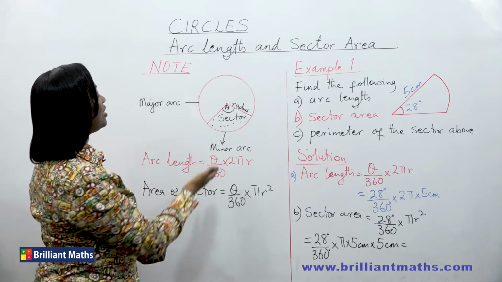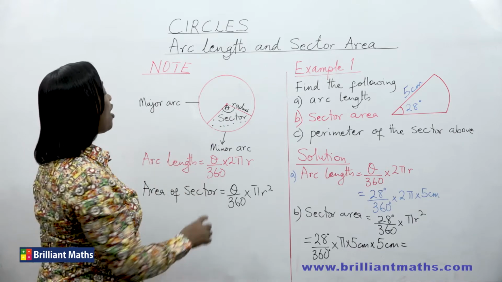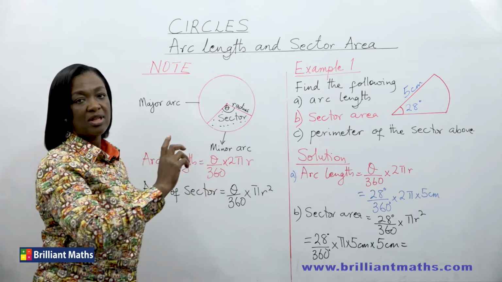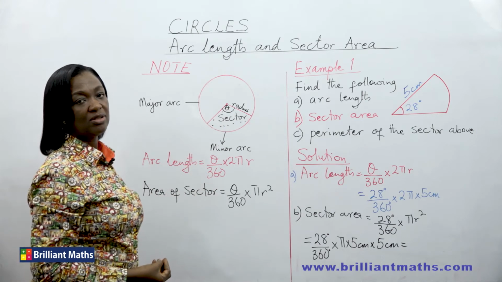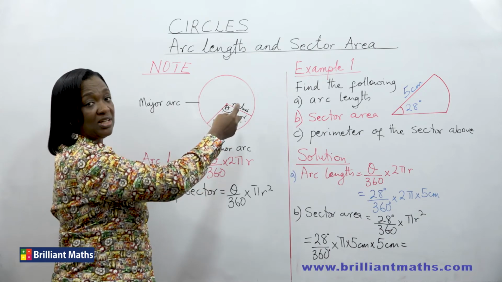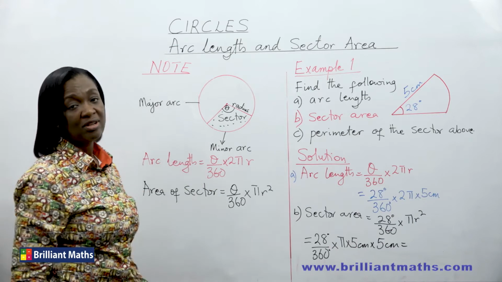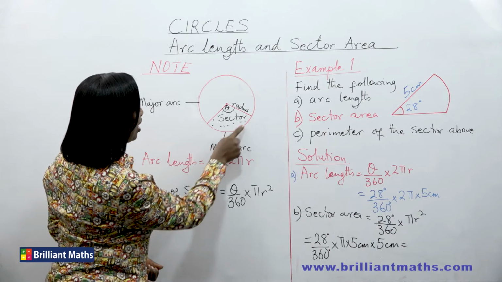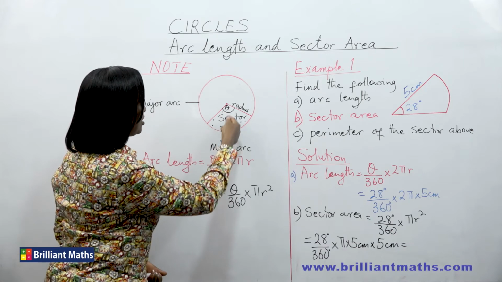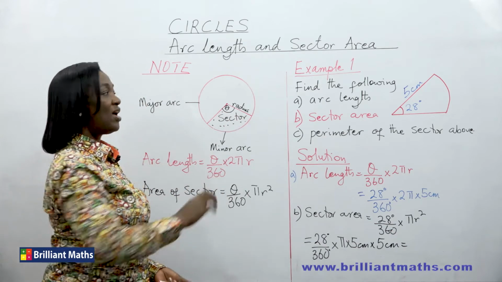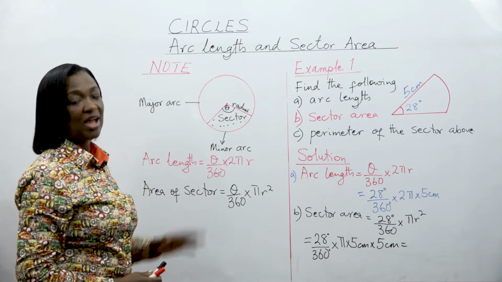So assuming you were given theta and told to find the area of the major sector, that means you'll be subtracting the angle of the minor sector from 360, and then use that as your theta to find the area of the major sector. So this is the minor arc, and the rest of it is a major arc. And then the inner small sector here is a minor sector, and then the rest of it is a major sector. I just hope you understand.